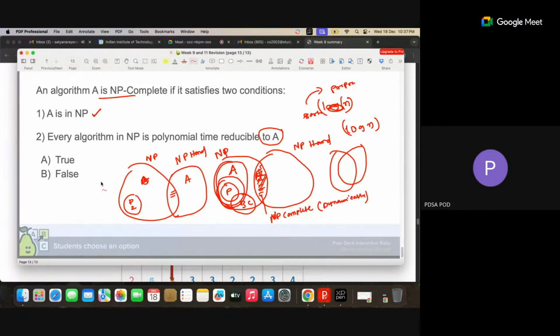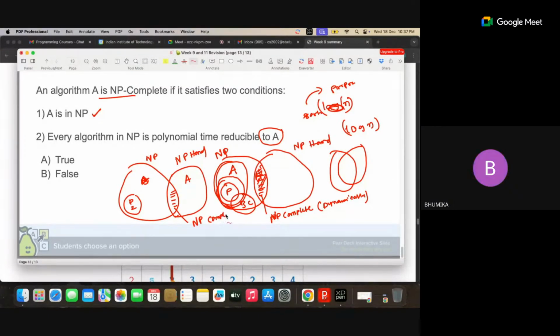So this intersection area is increasing, meaning more problems from NP hard are coming into the NP category. After coming into the NP category, they might enter into the polynomial category. Simple. This kind of intersection is called NP complete.